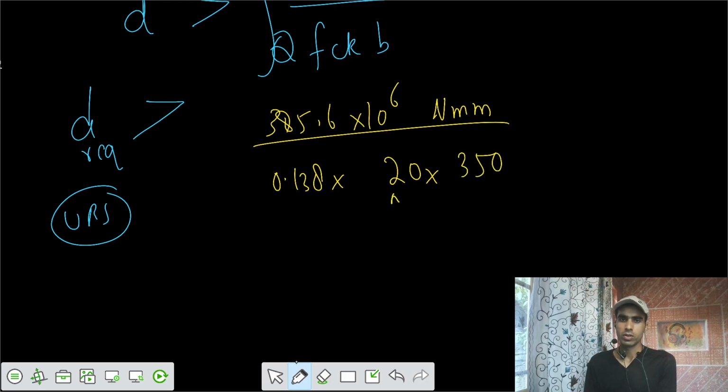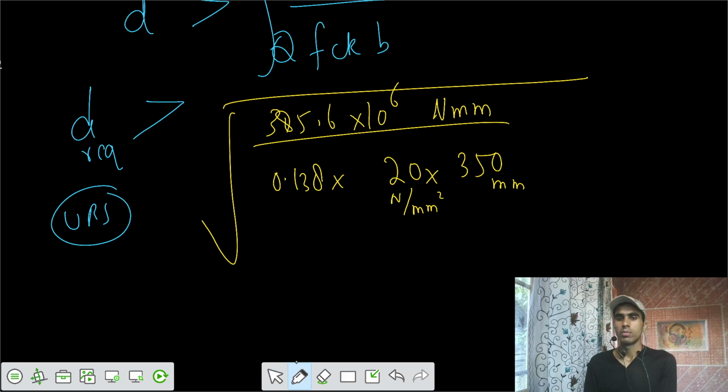The units are Newton per millimeter square and millimeters, under the root.